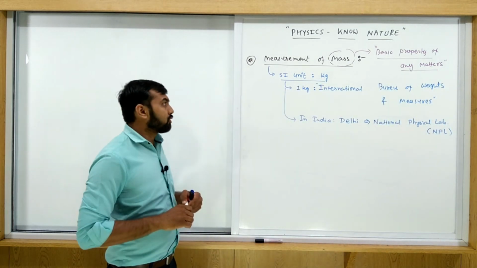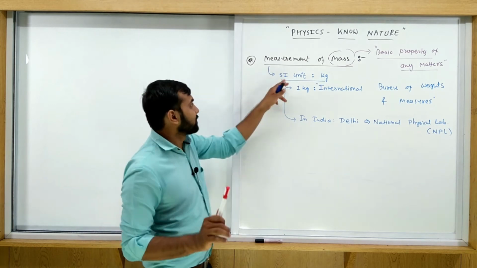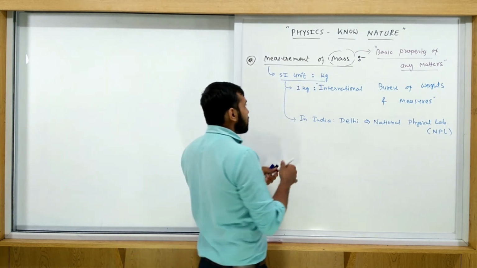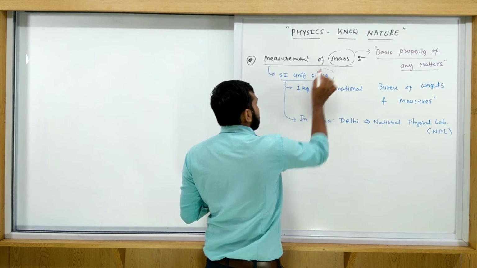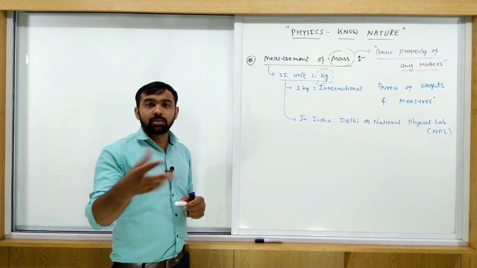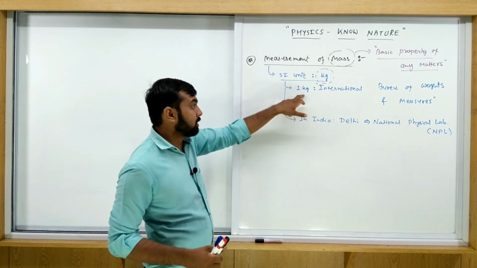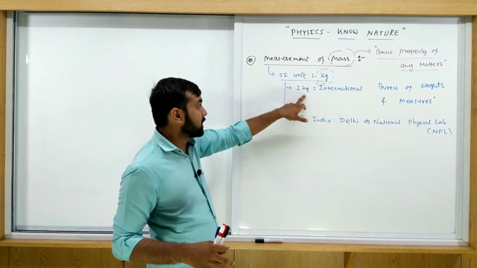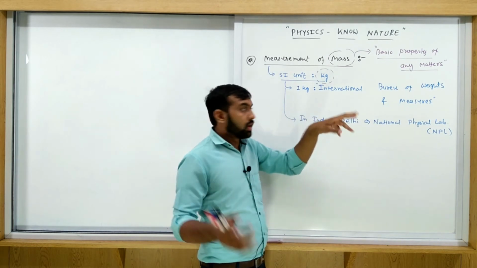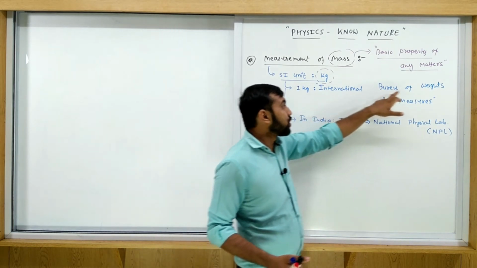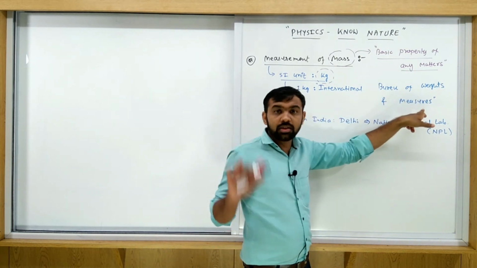What is the SI unit of mass, as we discussed in a previous session? The SI unit of mass is kg. We generally measure mass in terms of kg. Where is this 1 kg defined? It is given by the International Bureau of Weights and Measures, as we discussed in previous sessions.